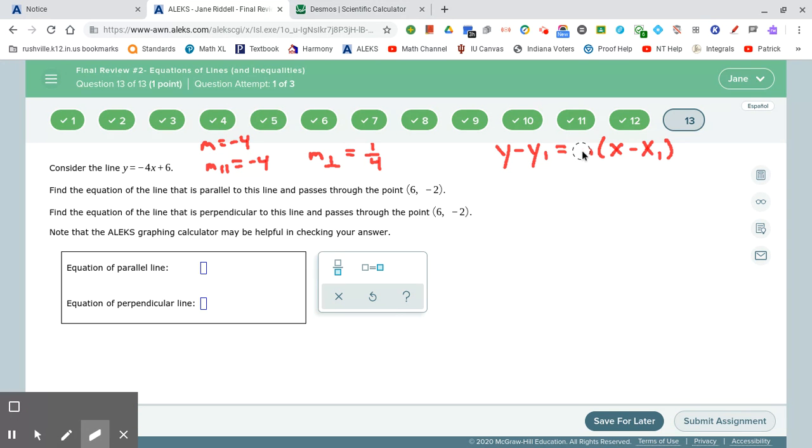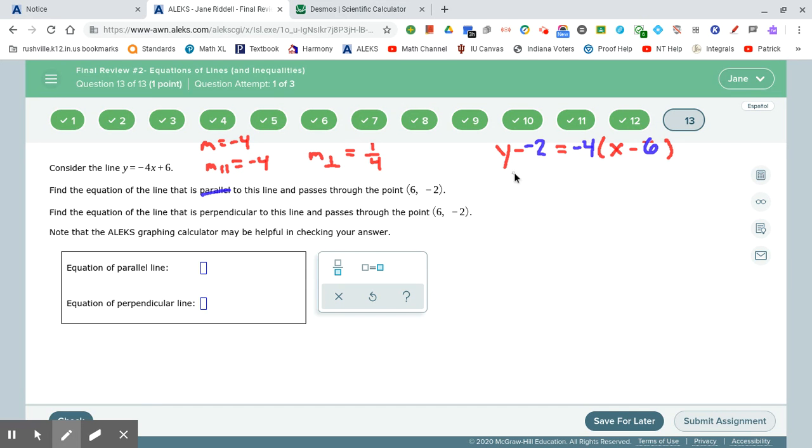First I'm going to erase my m and replace it with the slope parallel, which is -4. And then I'm going to erase and replace x1 with the x coordinate, which is 6. And then I'm going to erase and replace y1 with -2.